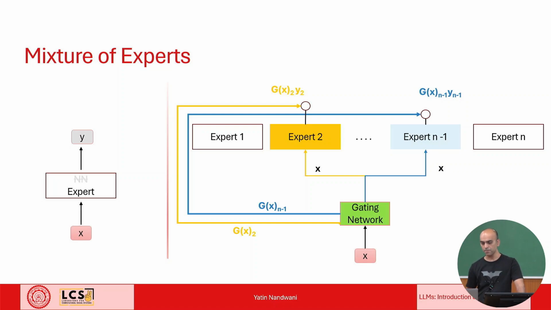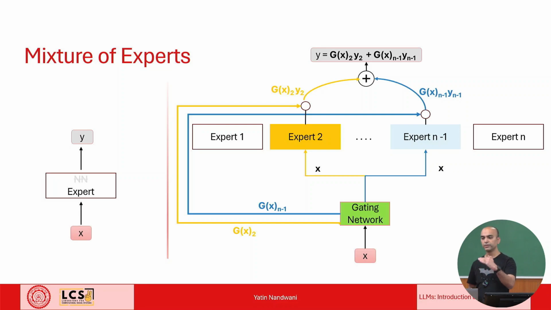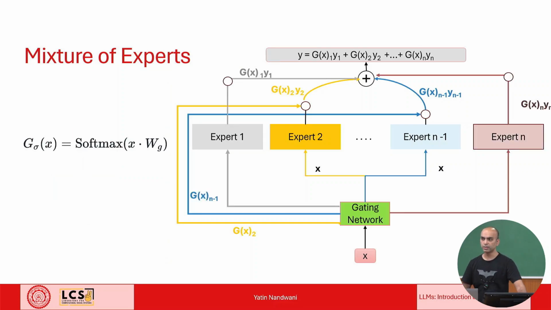We multiply by these and add them to get the output. So the idea is that we replace one expert with n experts and add a gating network. The job of the gating network is to select an expert or multiple experts for an input, and the output is nothing but the convex sum of the individual expert outputs. This is the case when all the experts are active.